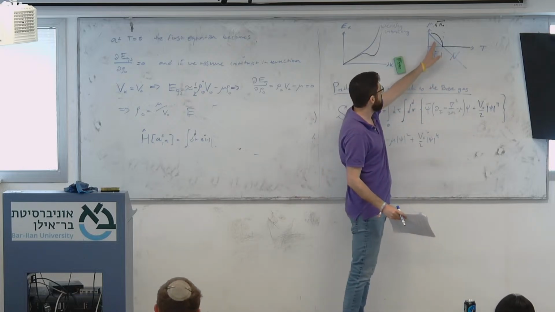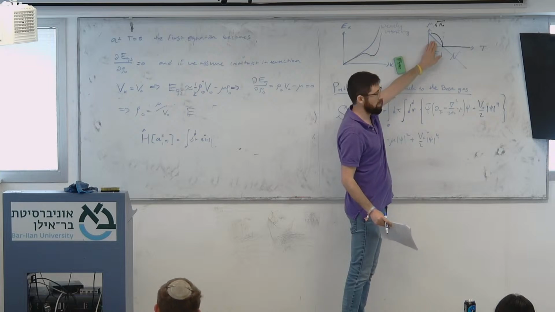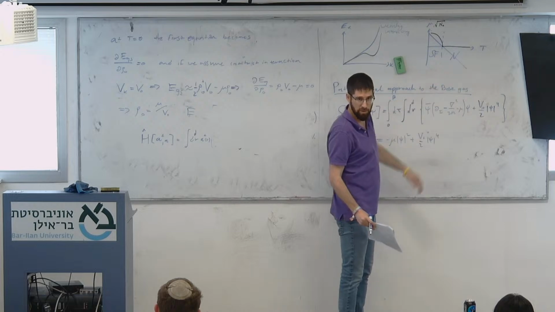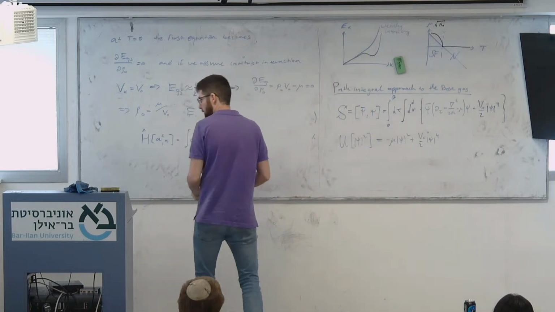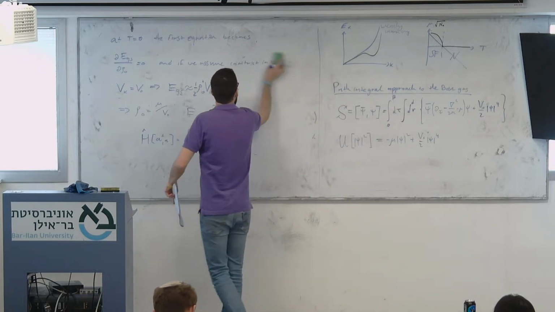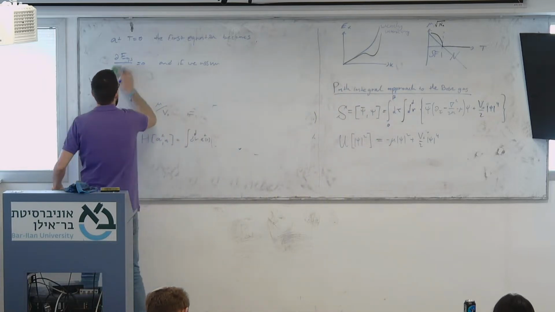So I see that when I'm in the superfluid phase, mu is positive. When I'm in the normal phase, mu is negative. So let's see the equivalence in the field theoretic description.